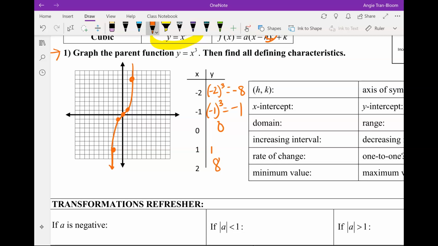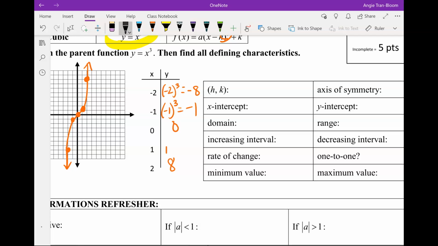It's called a cubic. Now, I normally refer to this as a lazy S-shaped curve, because an S sort of has a top curve and a bottom roundabout, but because it's lazy, it just didn't want to curve. So I just call it lazy S curve. Okay? H and K for this parent function is 0, 0.